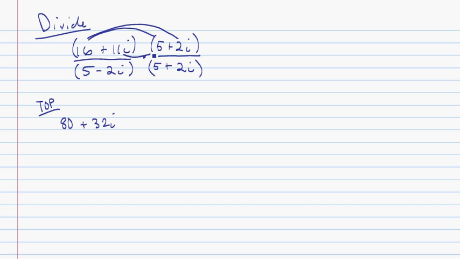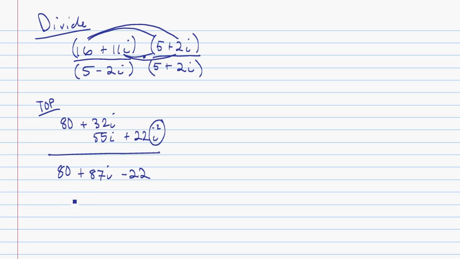On the other side I have 55i, and then I have 22i squared. I'll circle that. So when I work that out, I have 80 plus 87i, and this will turn into a negative 22. So really on top I have 58 plus 87i.